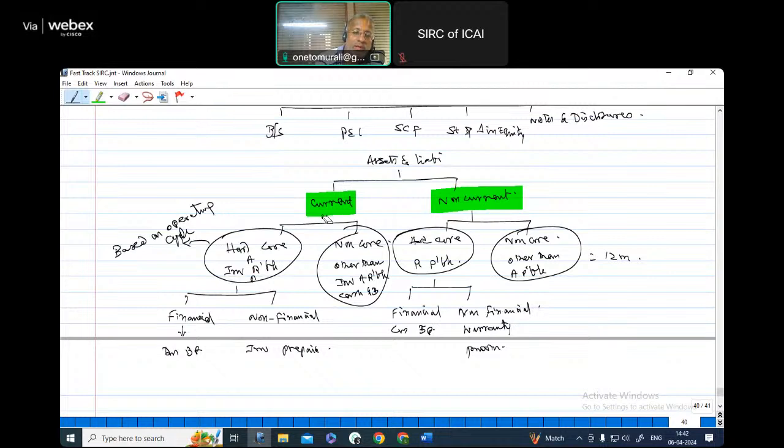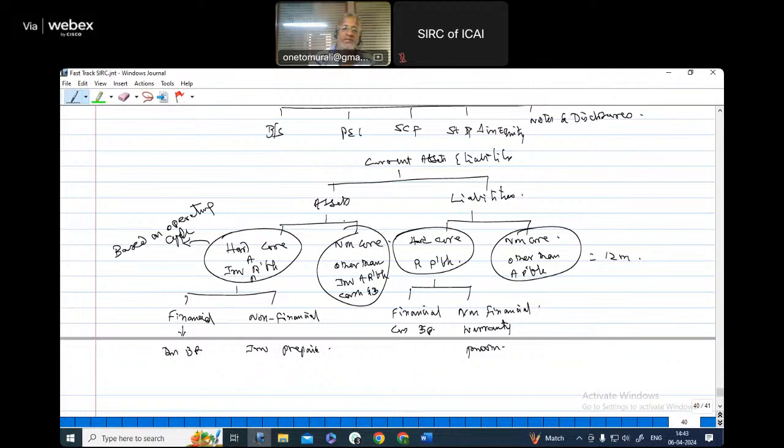So here, this is assets and liabilities. I will put it this way: current assets and liabilities.